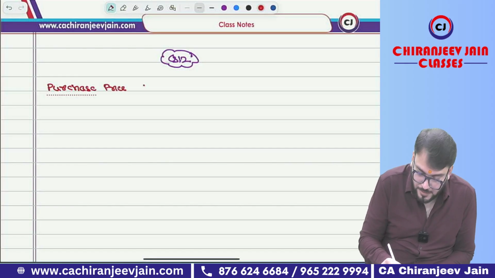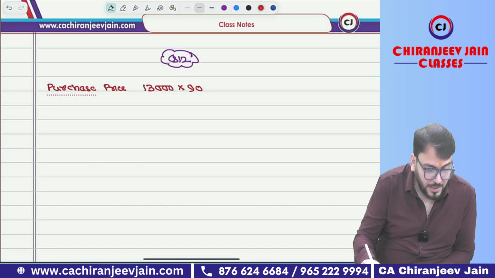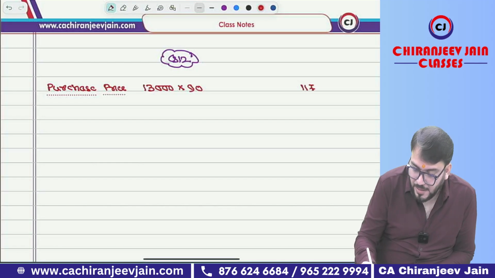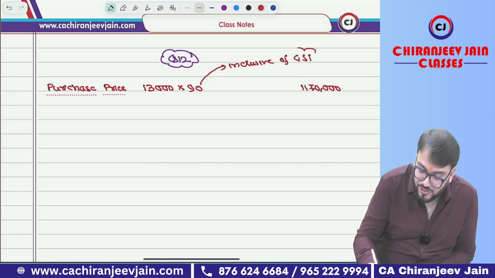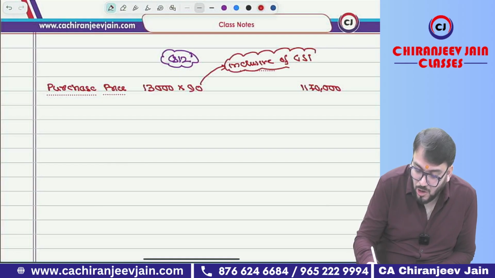How much is given? That is 13,000 kg into 90, which is 11,70,000. But this is inclusive of what? Inclusive of GST, and GST is refundable. It is not a part of cost.